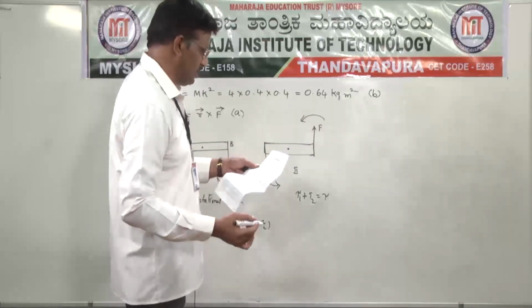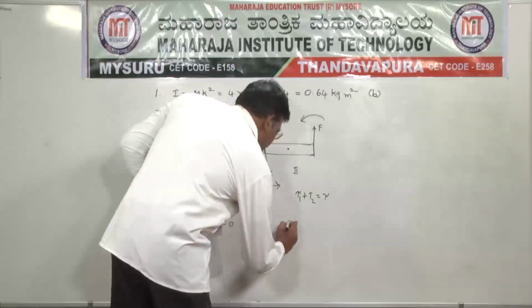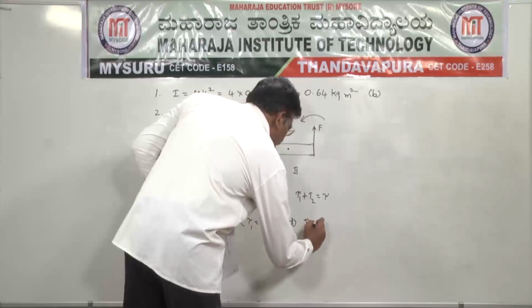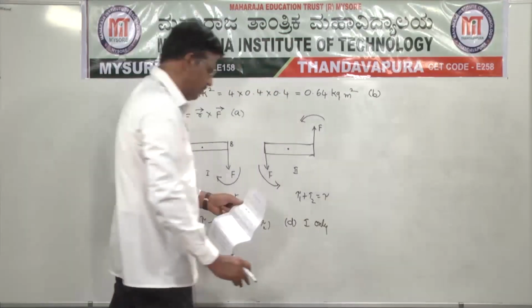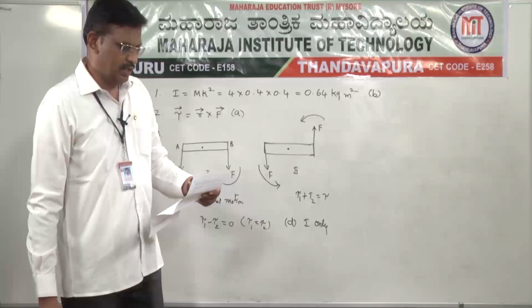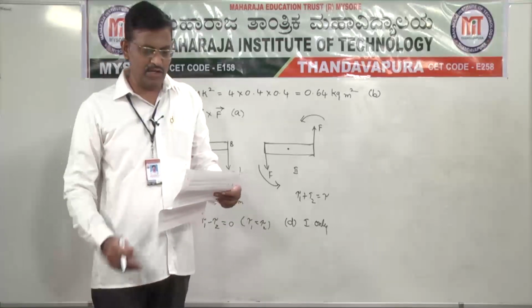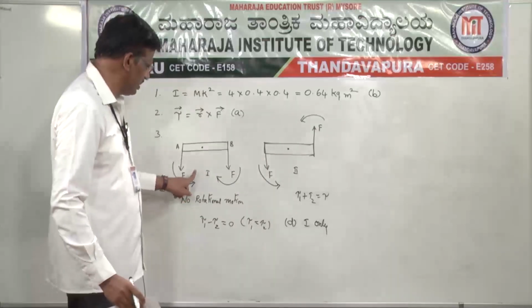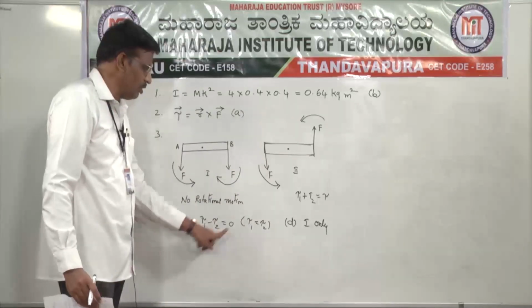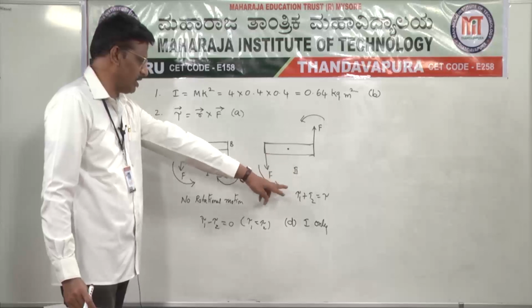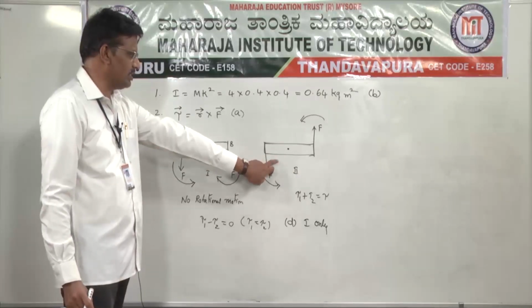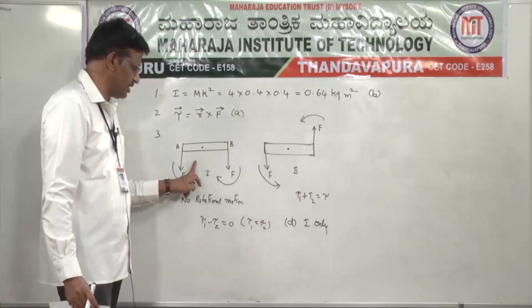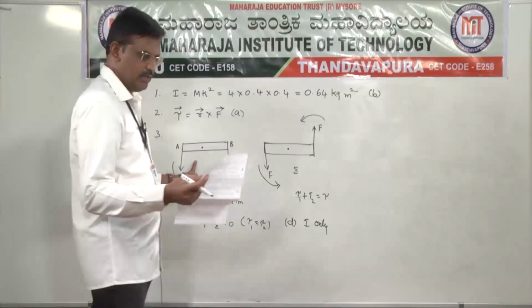As for the options, option D is the right option, diagram 1 only, in which case the rod is in rotational equilibrium. In the first diagram, the rod is in equilibrium because the net torque is 0. In diagram 2, some torque is acting, so it is in rotational motion.